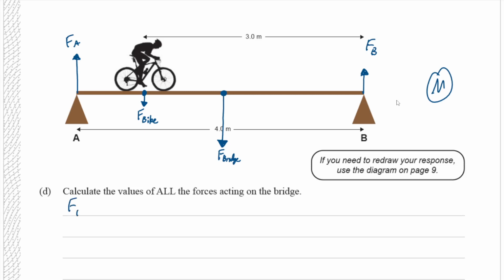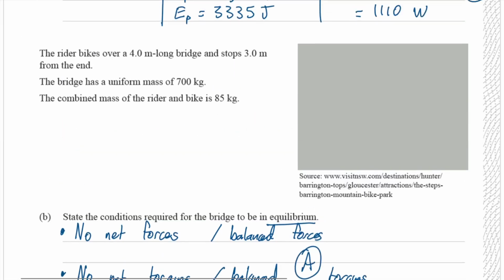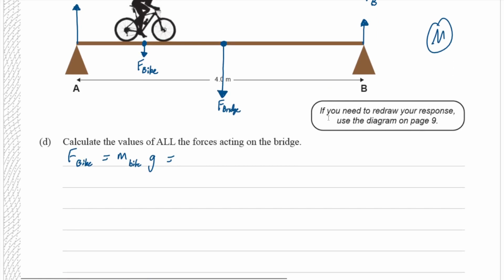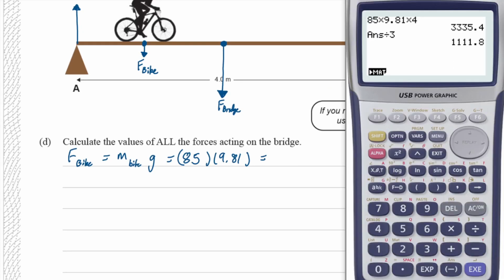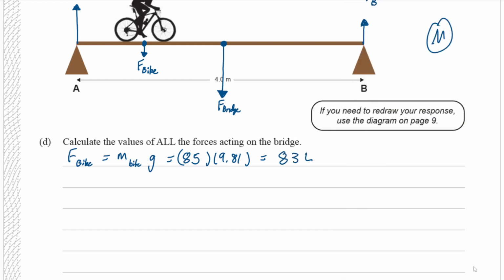So F bike, we know that's a weight force of the bike, so it'll be the mass of the bike times G, and the mass of the bike was 85 times G, 85, oh, not divide, times 9.8, 833, or 834 newtons.